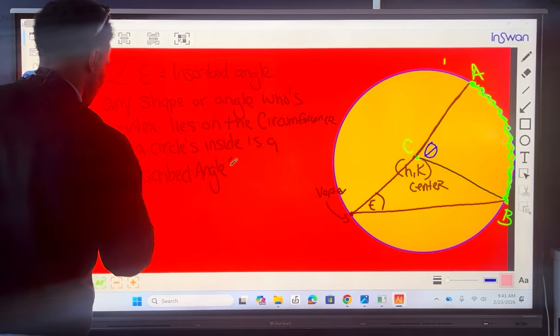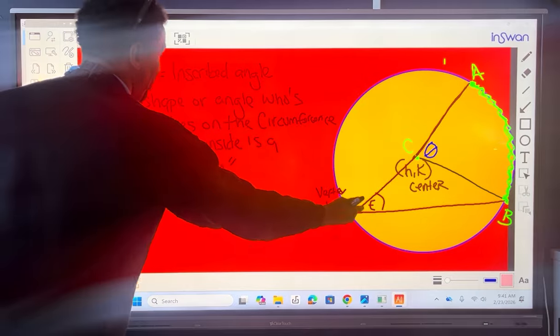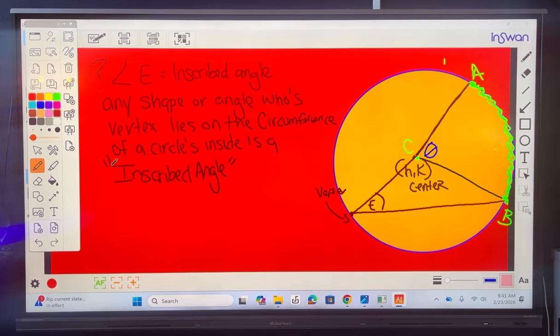Any angle whose vertex lies on the circumference of the circle is called an inscribed angle. So in this case, angle E is an inscribed angle. This is very simple.